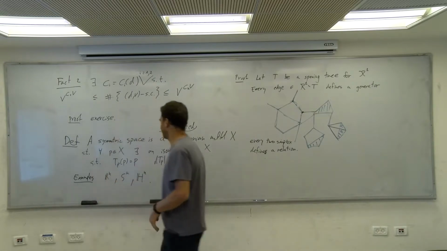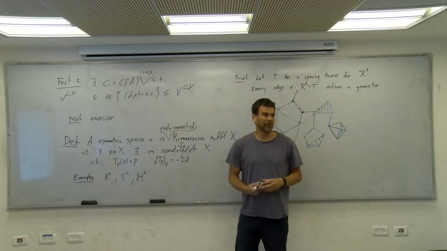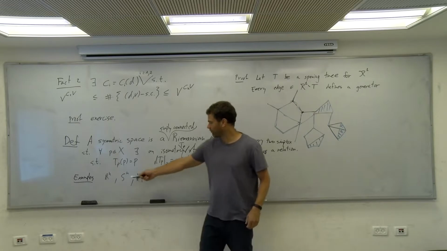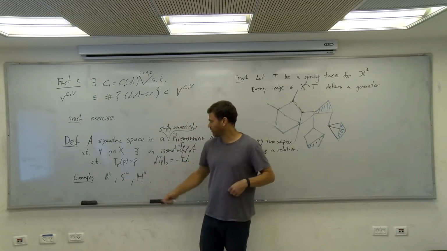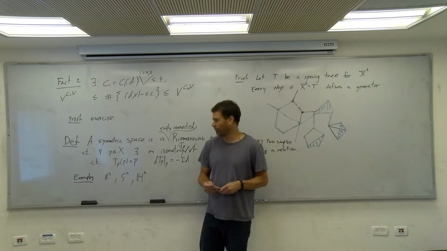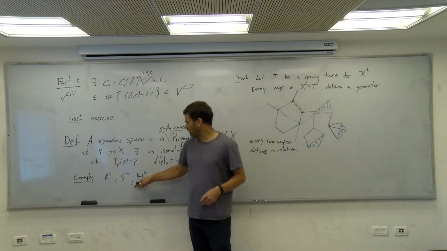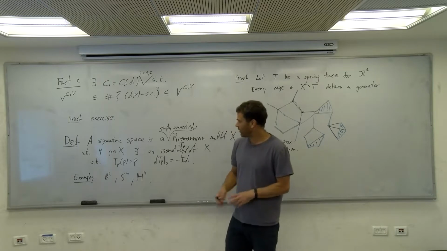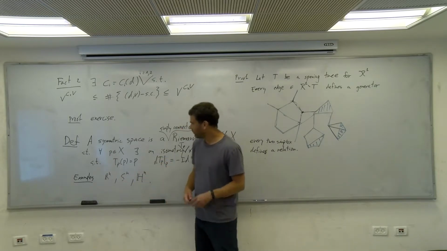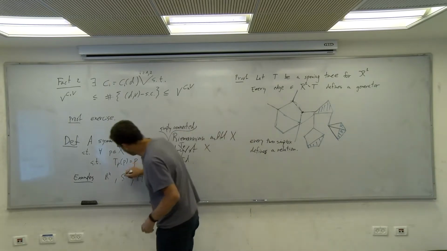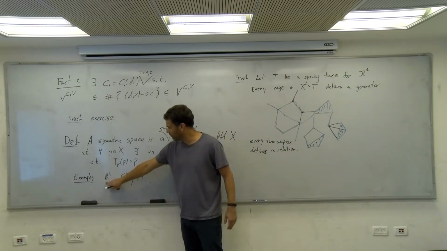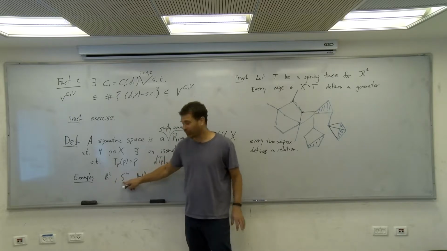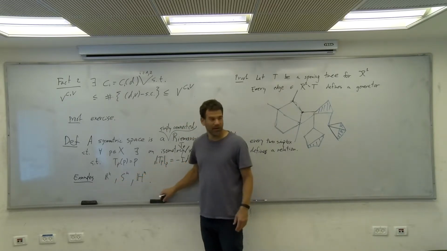We'll see many more examples, but R^n is the Euclidean space of curvature 0, S^n is the sphere of curvature 1, and H^n is the hyperbolic Lobachevsky space of curvature -1. They're all simply connected, and except the sphere they're contractible. This one is somehow an exception because it's flat. This is an exception because it's compact.